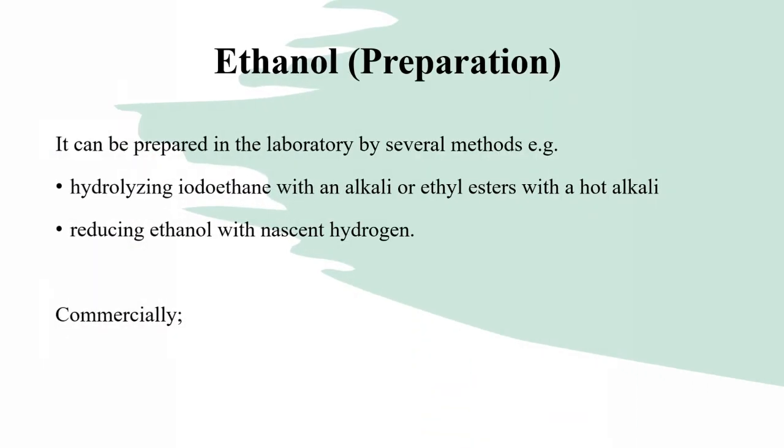Preparation of ethanol. It can be prepared in the laboratory by several methods, e.g. number 1, hydrolyzing haloethane with alkaline, or ethyl ester with a hot alkaline. Number 2, reducing ethanal with hydrogen.